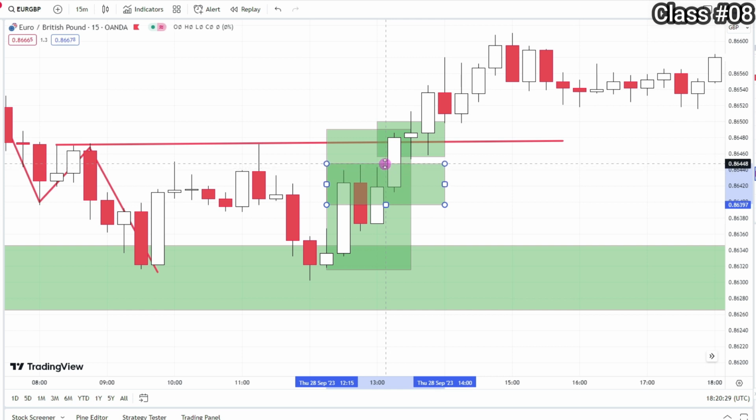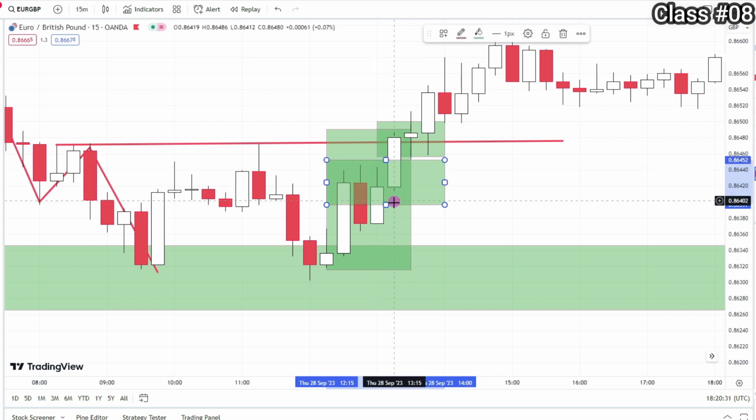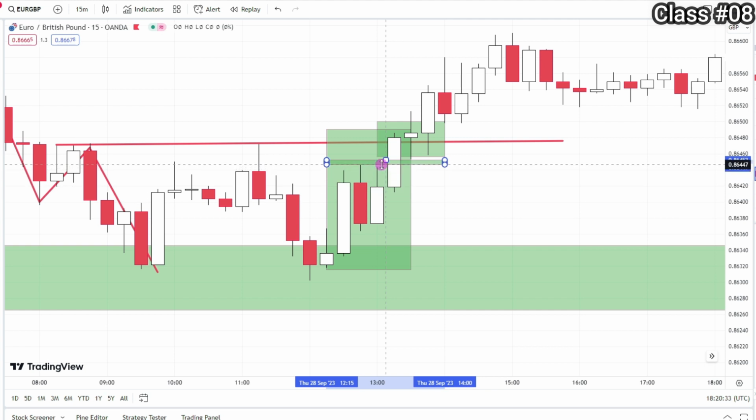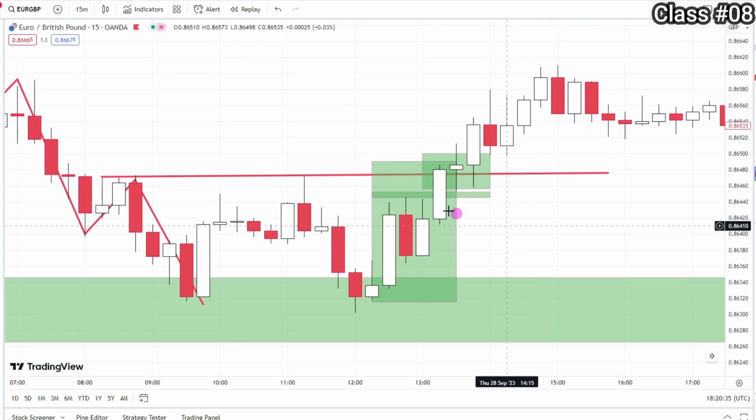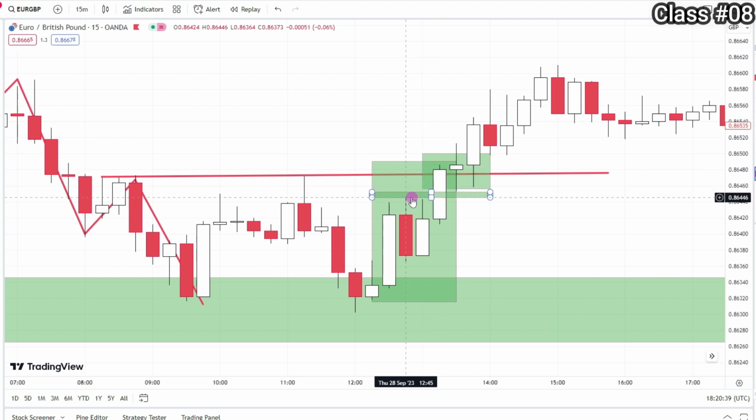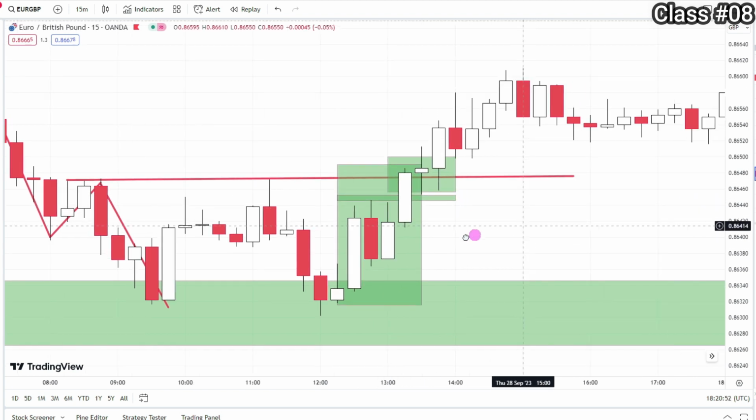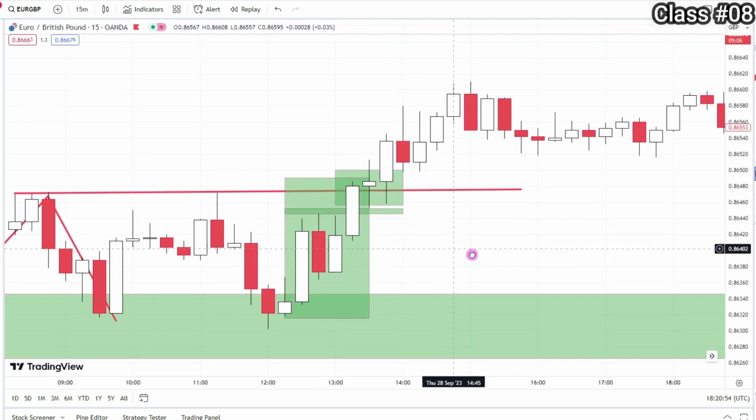But if I go further upside, here you can see this is an imbalance zone. When this candle breaks and closes, only this imbalance zone is present, and the market needs to fulfill this imbalance zone and meet these wicks. So this is the highest imbalance zone in this wave.